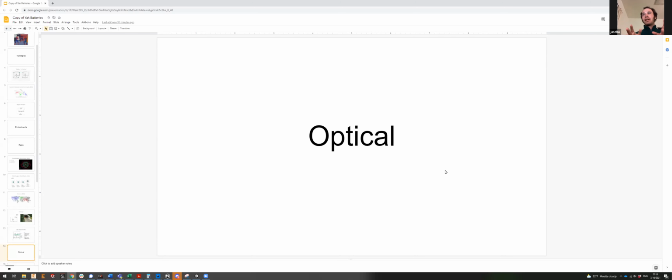This is a whole tangent I could go on about, the road to solid state LiDAR. I don't know if you've seen the whole thing with Anthony Levandowski and the Google shenanigans. There was a LiDAR design that got taken out when it shouldn't have. So LiDAR has a very long and interesting road.